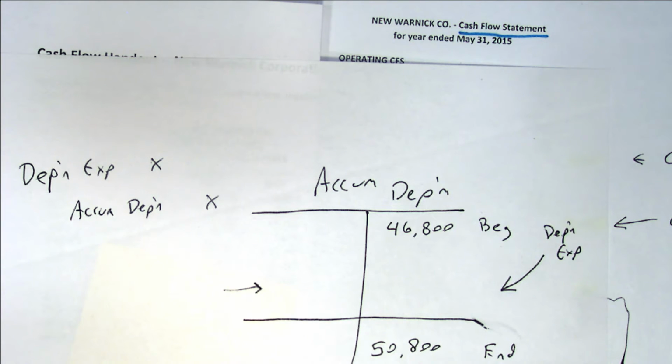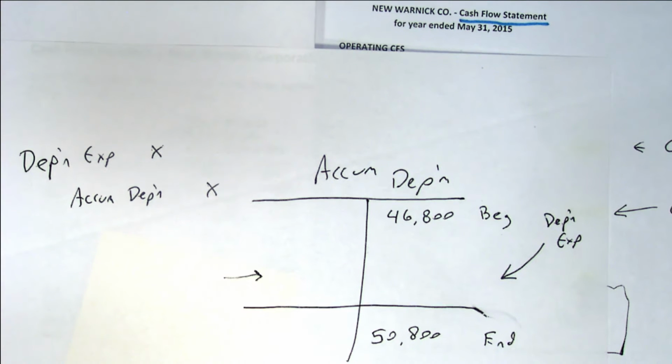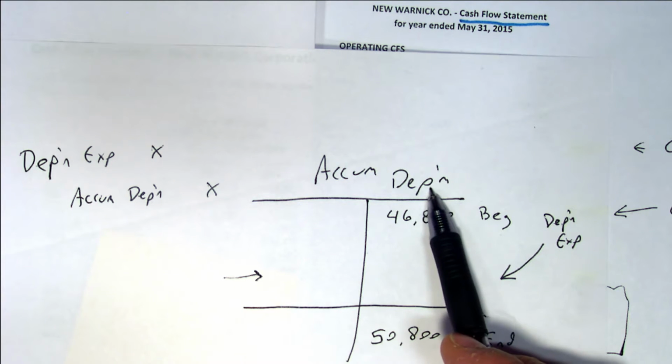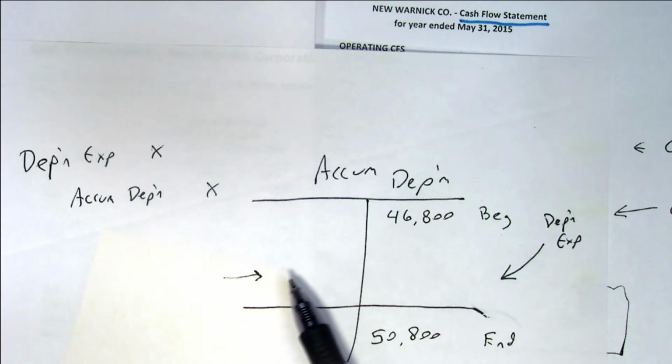Remember how when you sell or dispose of equipment, you take the asset off the books, you take the related accumulated depreciation off the books? Remember that? Because you don't have the asset anymore, right? So when you take that related accumulated depreciation off the books, you told me properly that accumulated depreciation is a credit balance account. Thus, to decrease it, we have to debit it, correct?